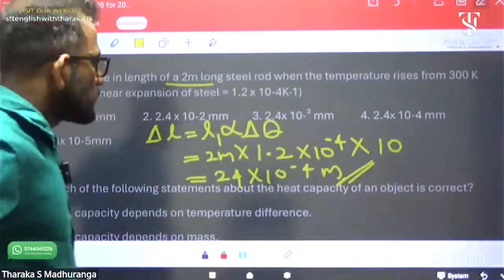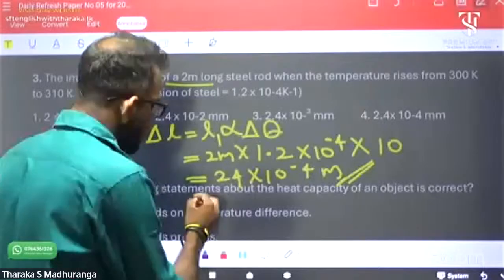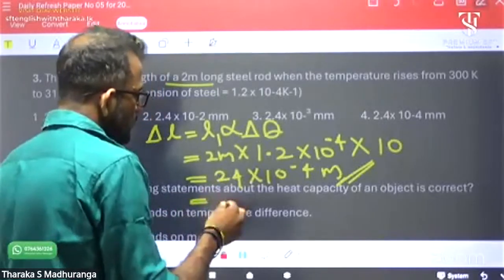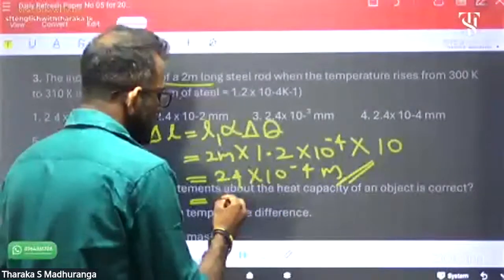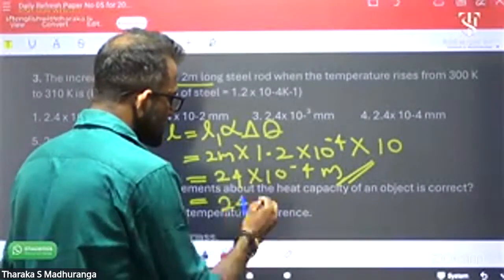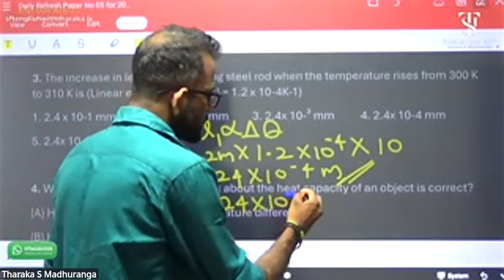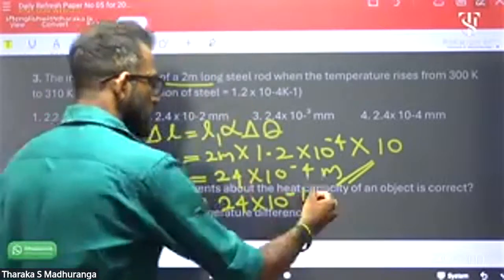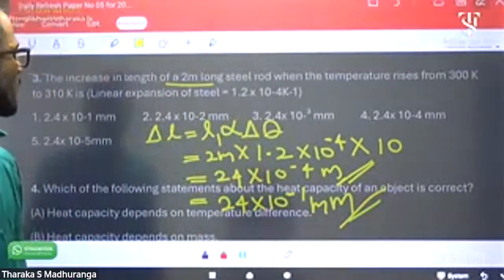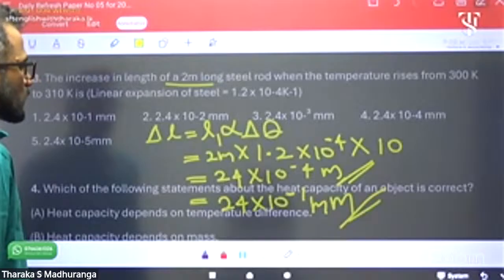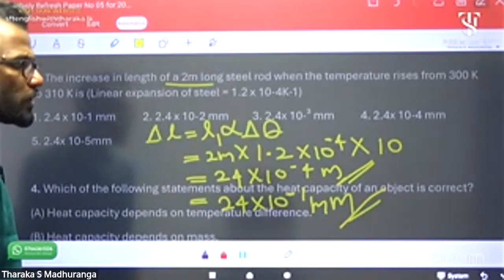If you convert into millimeters, multiply by 1000, then it is 24 into 10 to the power minus 1 millimeter. But we don't have 24 in the answers.